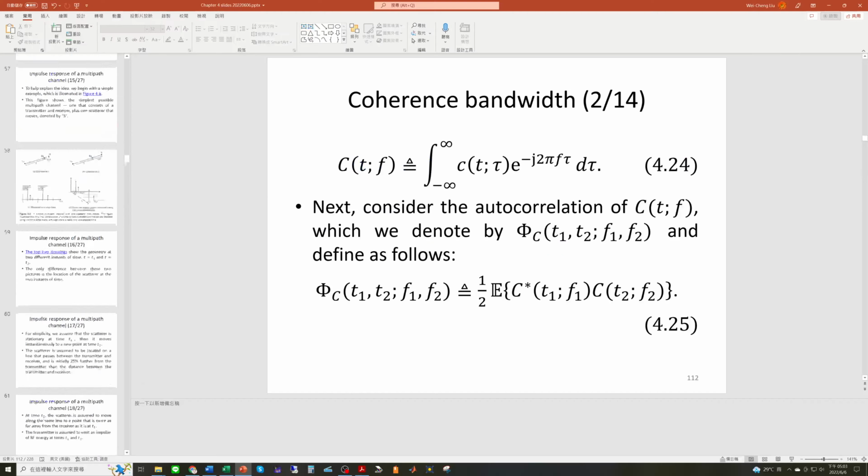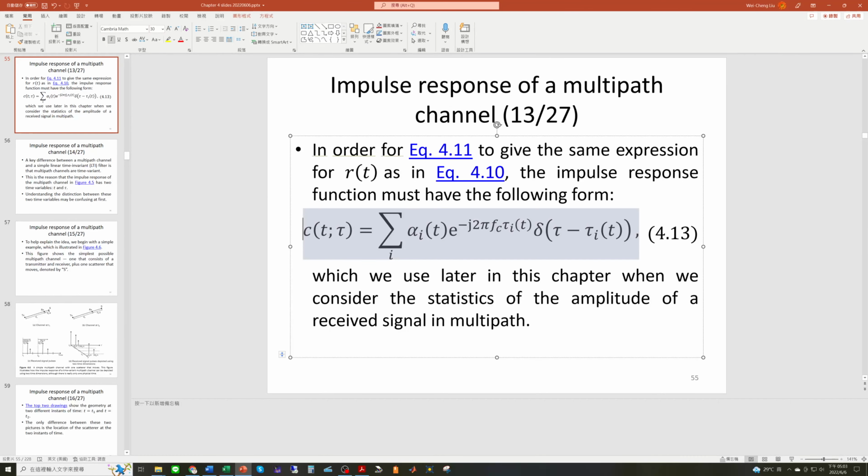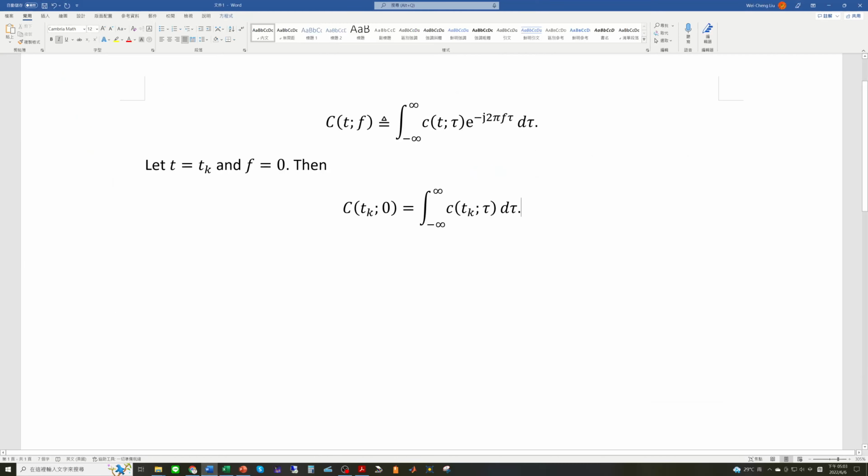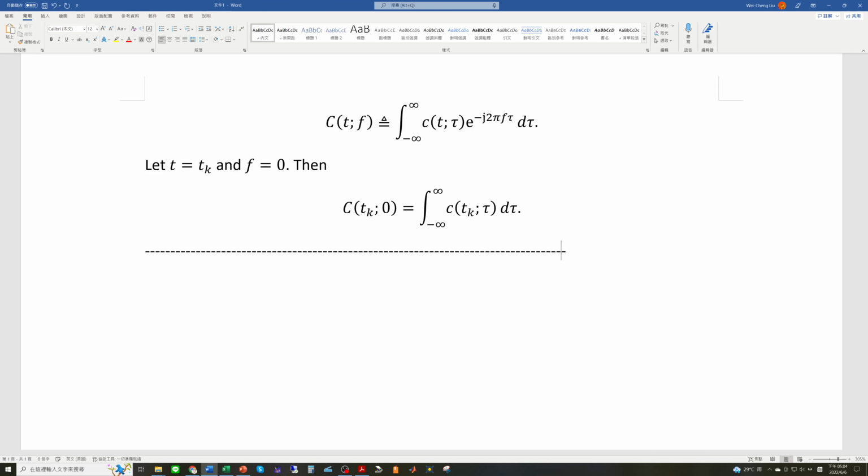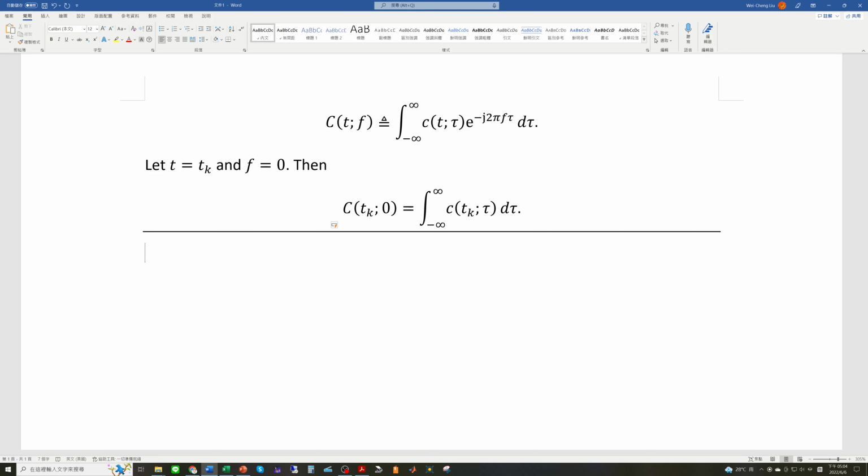Let us go to equation 4.13, and let me copy this equation and paste it here. Let me draw a horizontal line. Good.